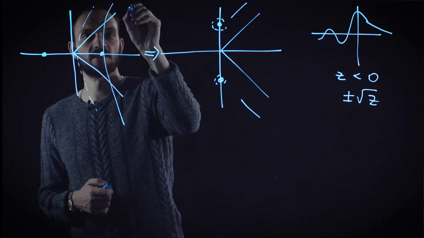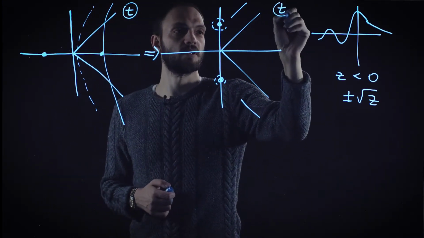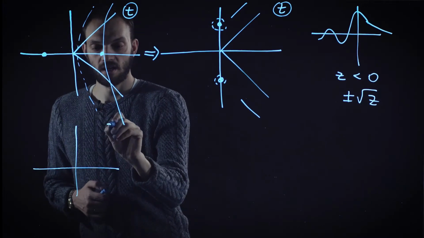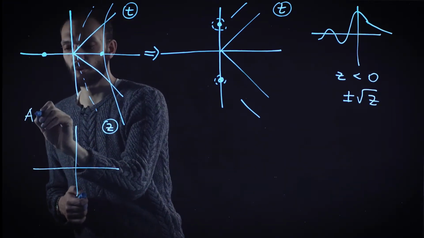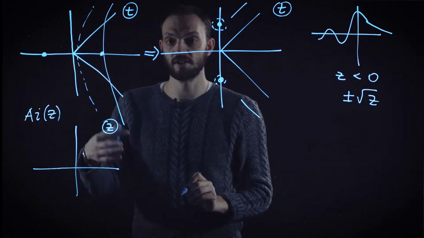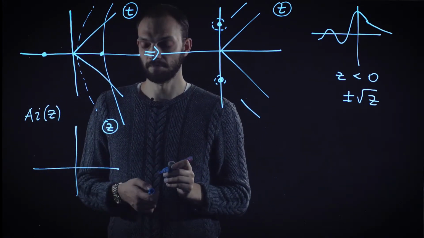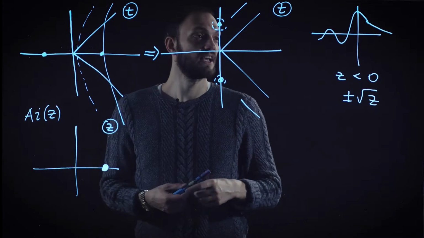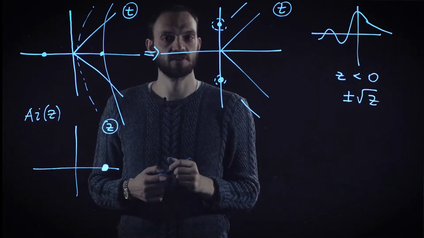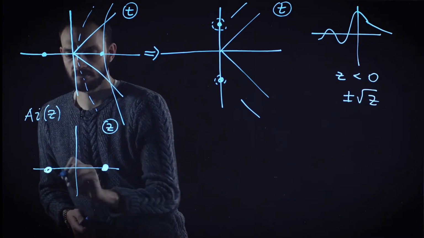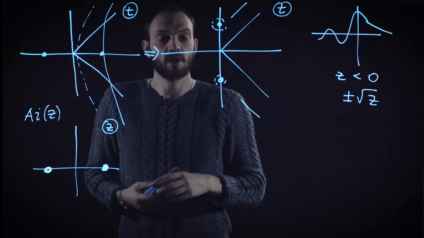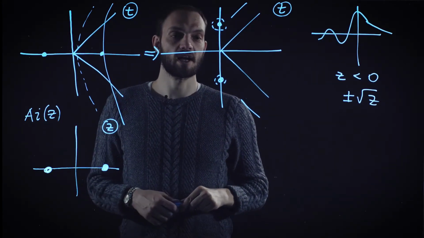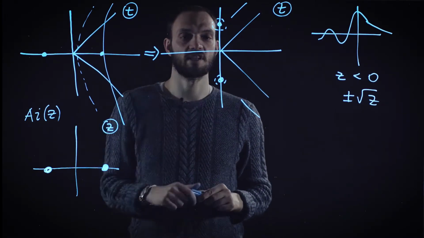Now imagine this used to be the complex plane of integration variable t, but now let us recall what we are actually looking for. In principle, we discuss properties of the function A of z for various complex values of the argument z, and we understand that somewhere here on the real and positive part of the z-axis we have exponential decay and only one saddle point contributing, and somewhere here at negative and real values of z, in order to be consistent with our general expectation, we need to have a contour which passes through both of the saddle points.